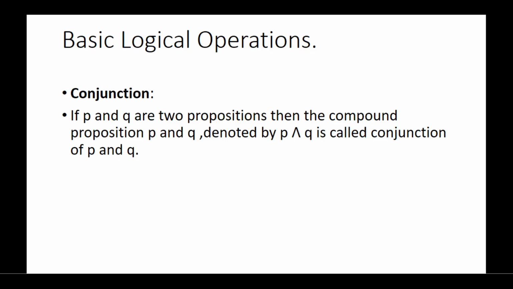If P and Q are two propositions, then the compound proposition P and Q, denoted by the symbol P and Q, is called the conjunction of P and Q. Mohan is intelligent and Gopal is a good swimmer is a compound proposition, and in particular it is called a conjunction because it is formed by using the connective and.